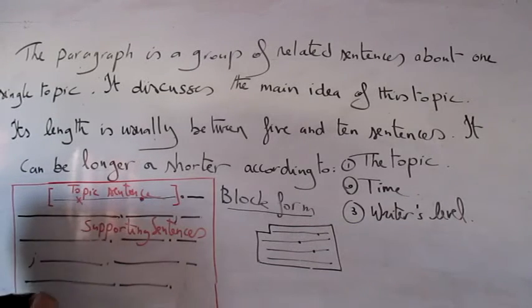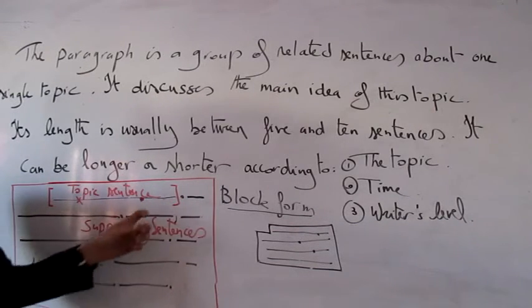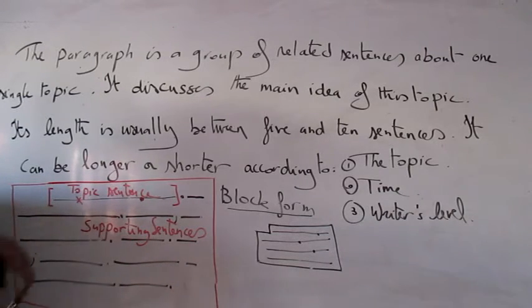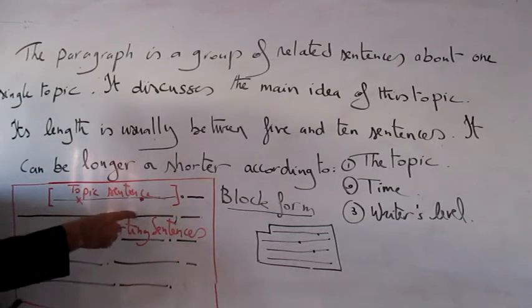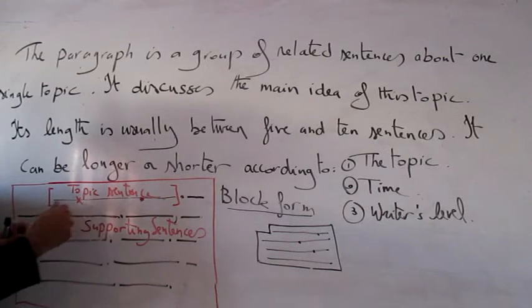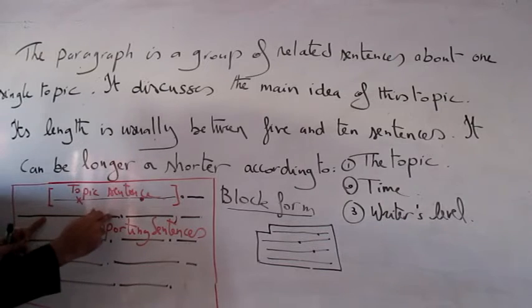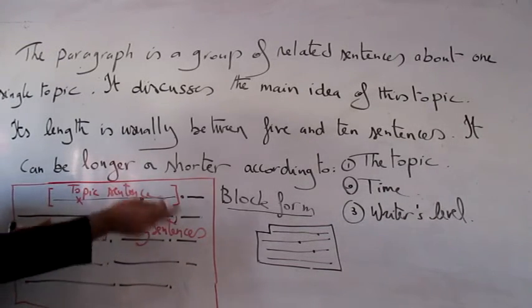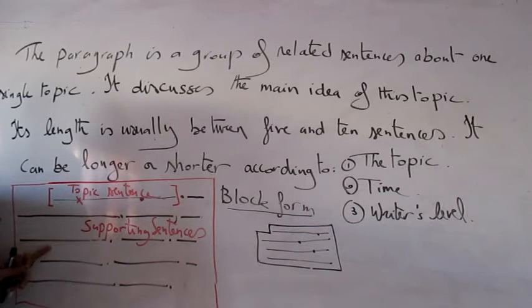For example, causes. Here you may come up with three causes or three effects, for example of drugs. You develop each one in isolation, not together. For example, develop the first cause, family problems, then explain it, give some details, then move on to the second one, which is, for example, poverty.